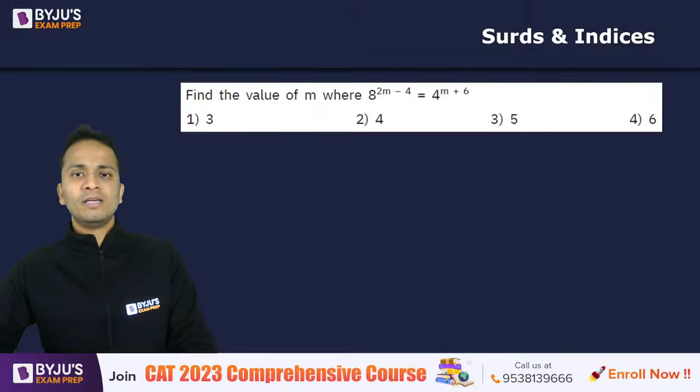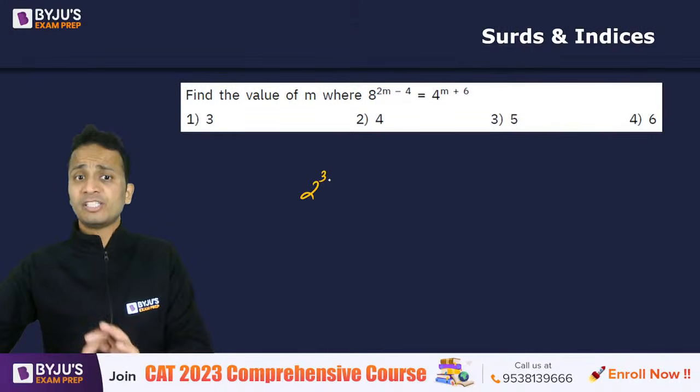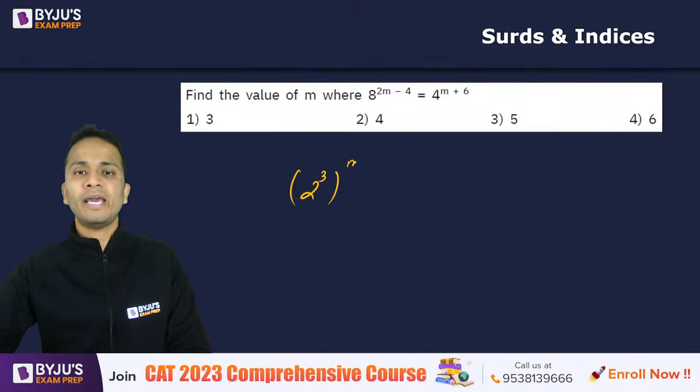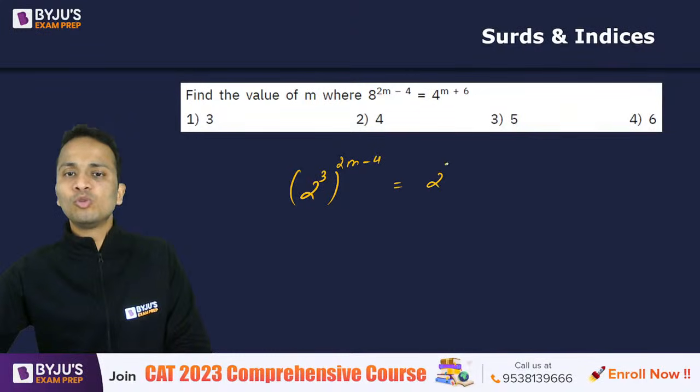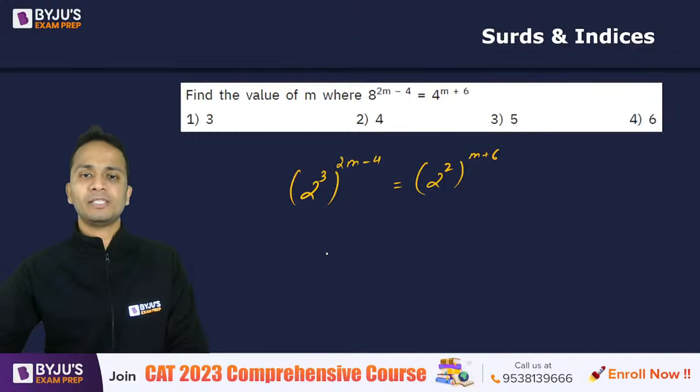So let's simplify this quickly. So 8 can be written as 2 cube, left hand side, whole raised to the power 2m minus 4. Okay. On the right hand side, I have 2 square, 4 can be written as 2 square and whole raised to the power m plus 6.